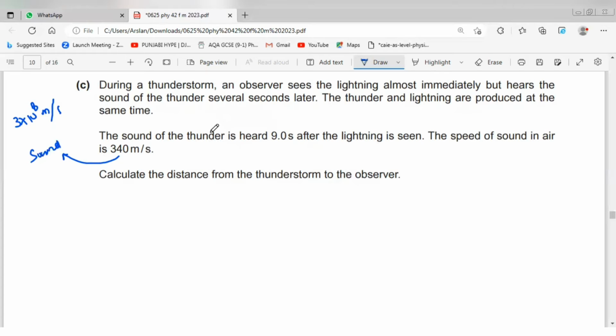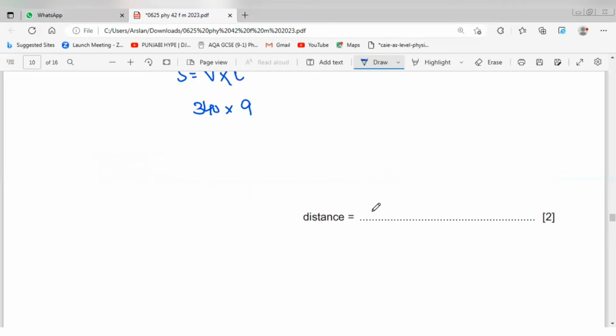That's why we can see it faster. So you can calculate the distance between the observer and the thunderstorm. Simple, s = vt. The distance is equal to speed multiplied by time. The speed of sound is 340 meter per second and time is 9 seconds. So you will get 2 marks when you write the right answer with unit, which is meter.